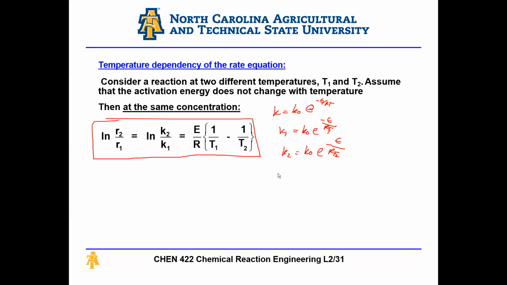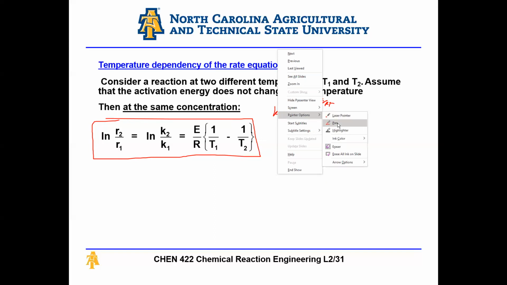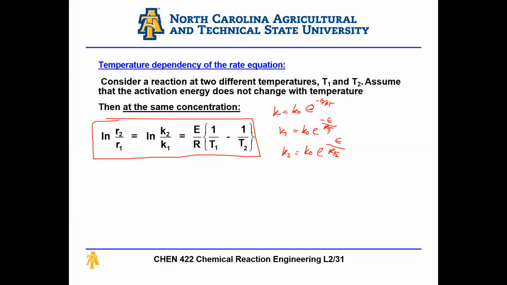Let's try to do this properly. If I divide these two, I get K1 divided by K2 is equal to e to the minus E over RT1 over e to the minus E over RT2.